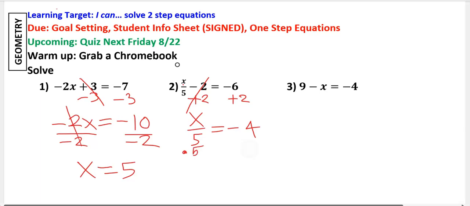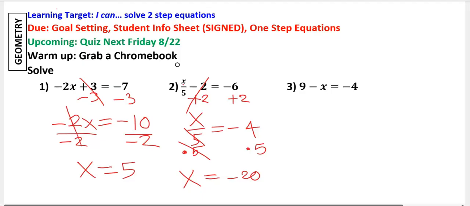We showed you this on yesterday's warm-up, so look on the same sheet you're looking at. To get rid of a division, we multiply, so those 5s cancel out. Bring down x, bring down the equals, and negative 4 times 5 is negative 20. Okay? Desmos can help with the computation.